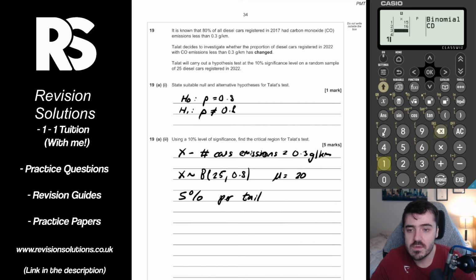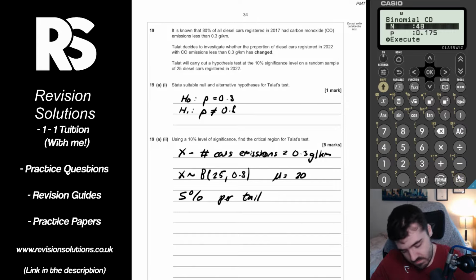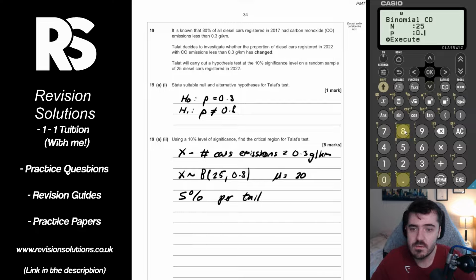If you want to be a bit quicker, you can type in a few, and you can always type in more if you don't quite find the threshold you're looking for. 21, 22, 23, 24, and 25. And then we're going to plug in 25 for our n, and a p-value of 0.8. Execute that, and you see it populates our probability.